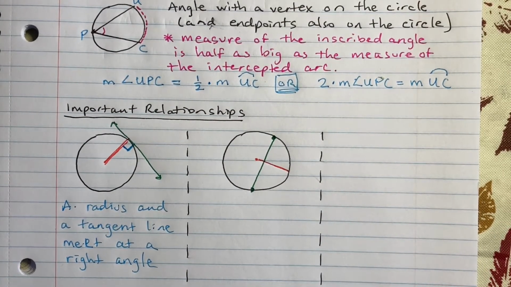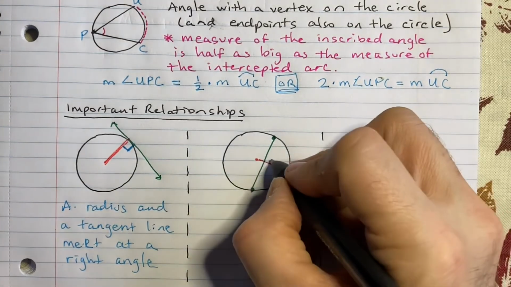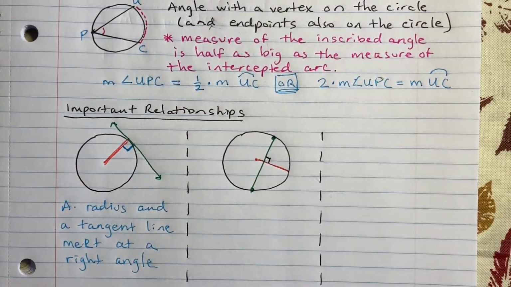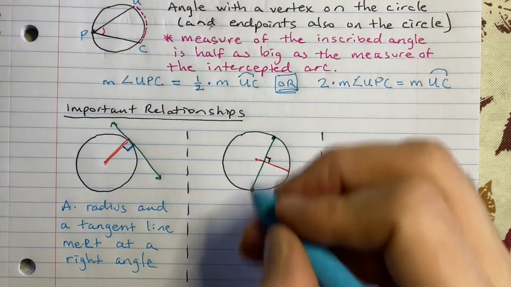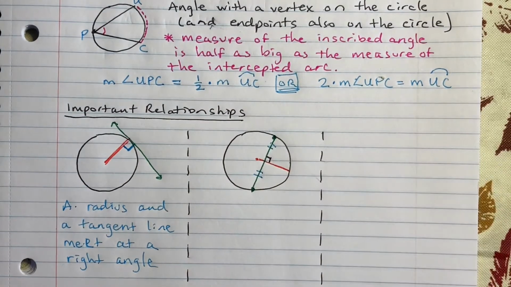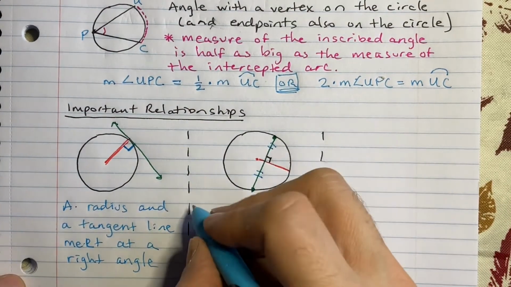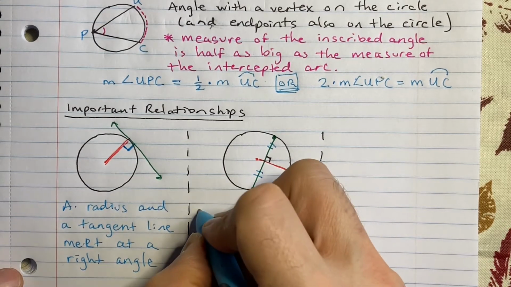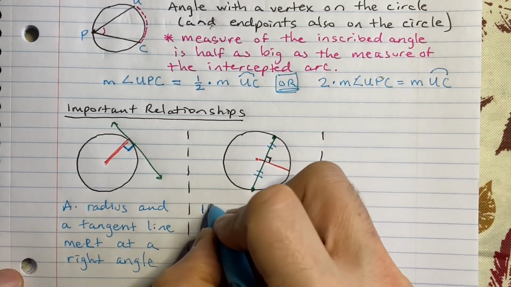You see, if the chord and the radius intersect at a right angle, then you can say that the chord gets cut in half. That's the important relationship. So let's write that.